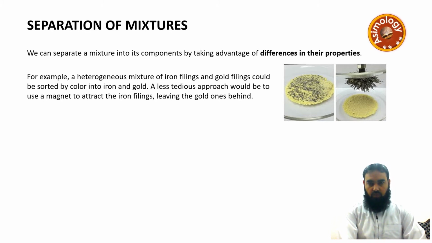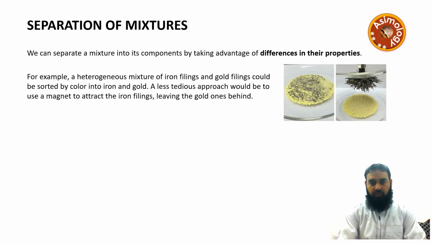In this picture you can see we have a mixture of gold and iron filings, small particles of gold mixed together with small particles of iron. You can see each component has retained its properties. Like color is a property, and you can differentiate iron particles from gold particles by looking at the color of these particles.